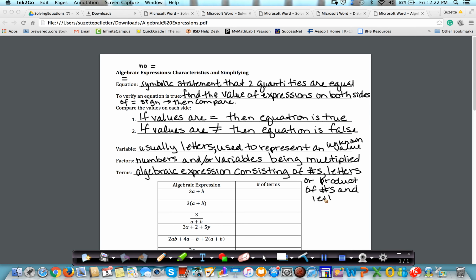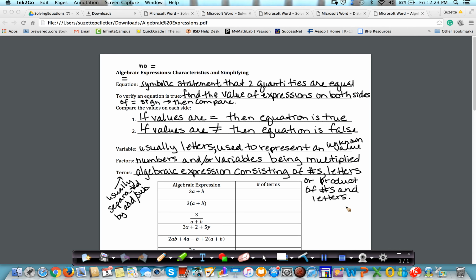Okay, algebraic expressions, just as a side note for you, are usually separated by addition and subtraction. They're usually separated by addition or subtraction. We'll talk about that here as we move along and start looking at this chart.